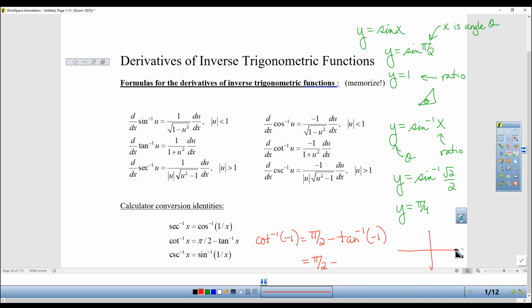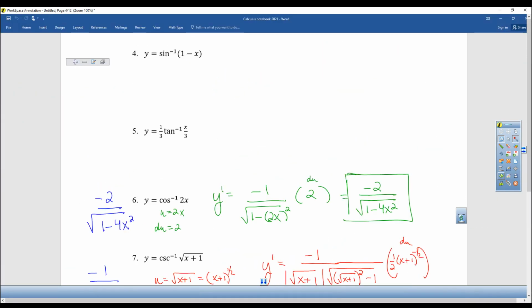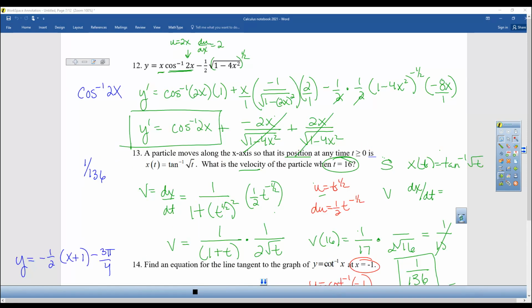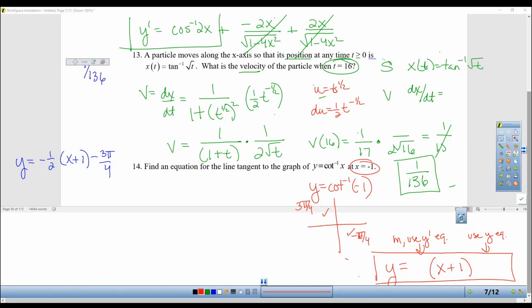Inverse tangent is negative pi-fourths. That's what that formula was for that I gave you right in the beginning, that I just kind of skipped over. So 3 pi-fourths.